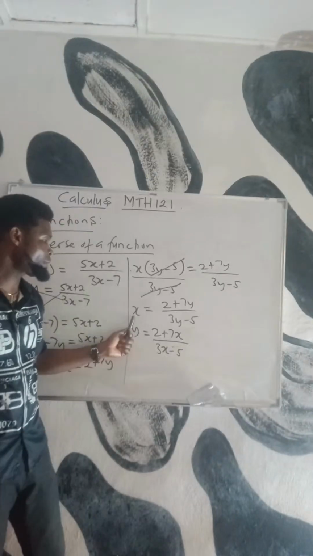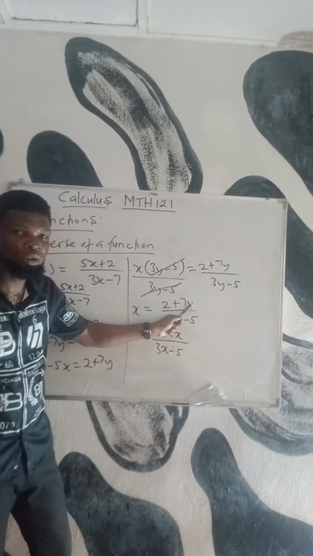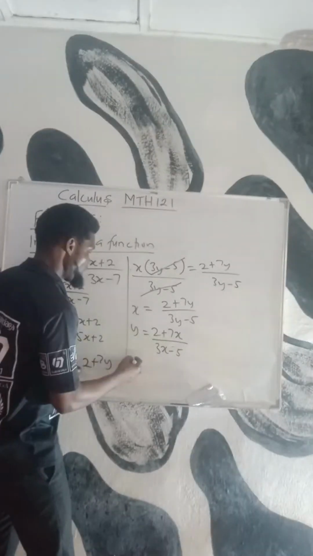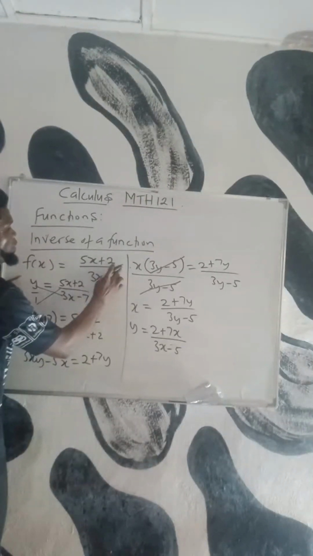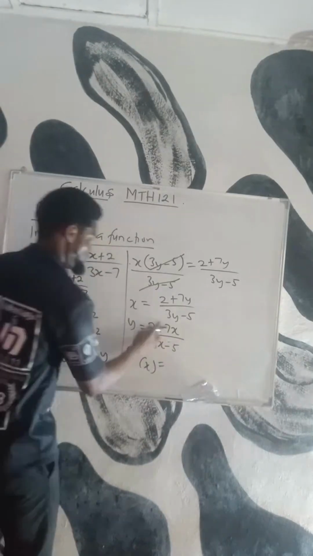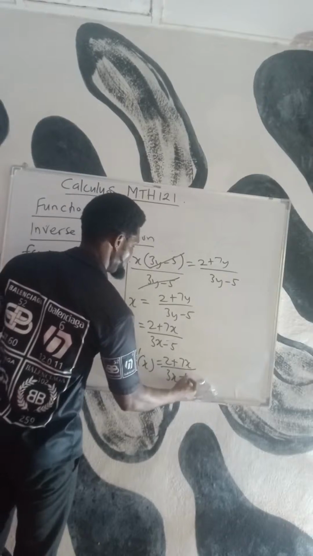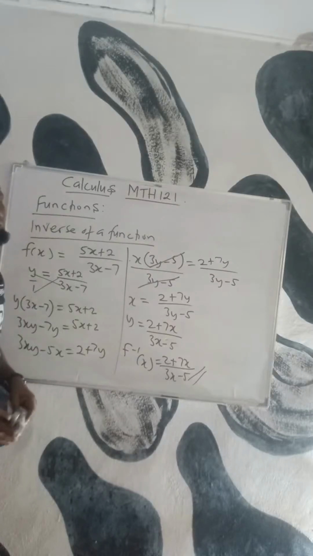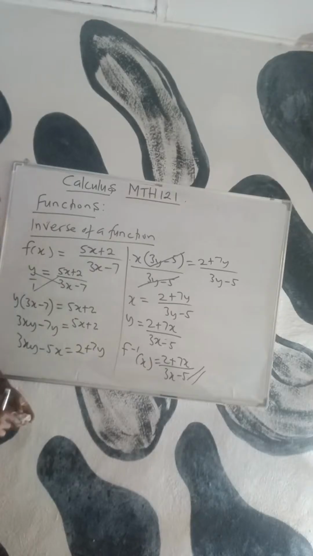So the inverse of the function is 7 or 3 minus. That is how to find the inverse of a rational function.